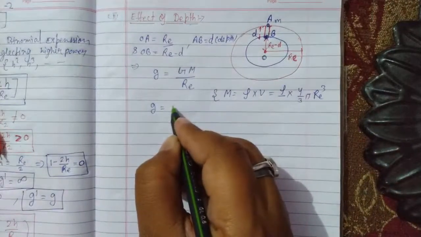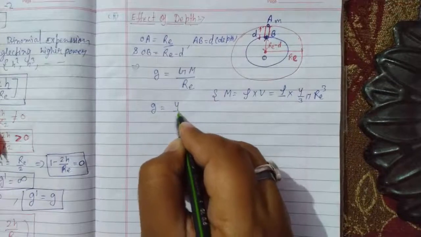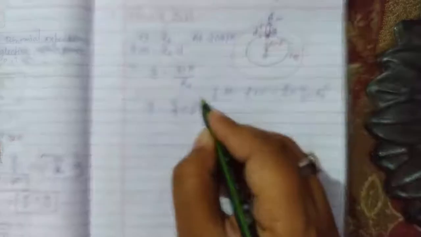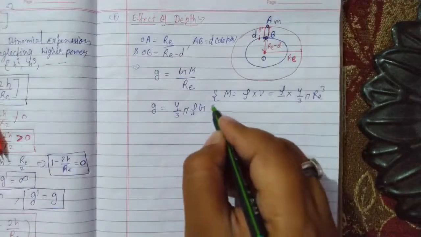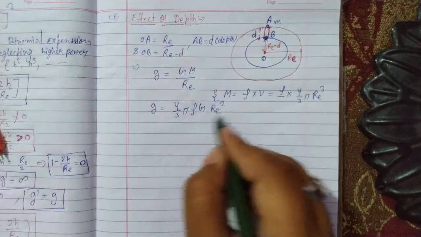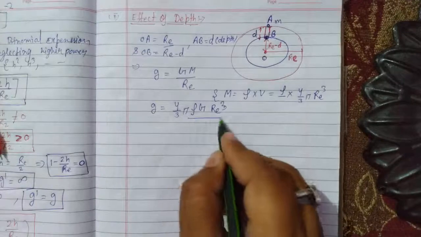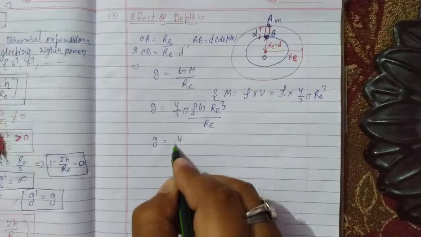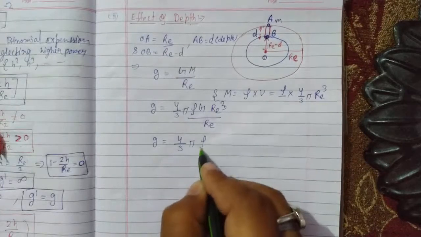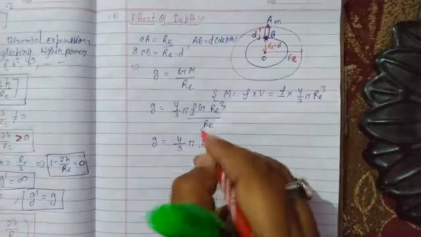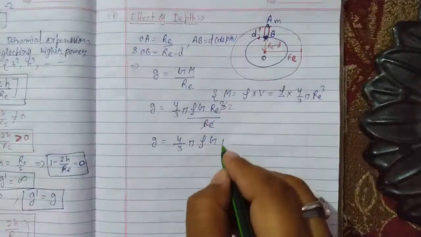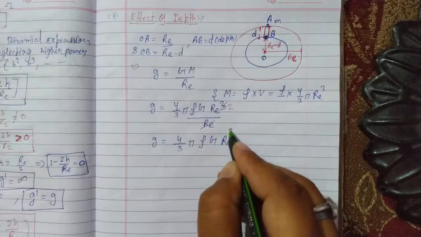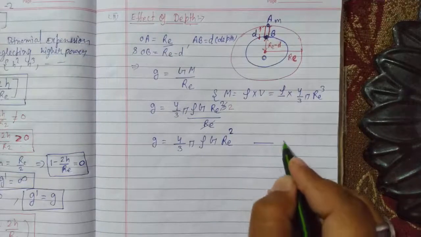We get g = 4/3 π ρ G Re³/Re². On solving this, we get g = 4/3 π ρ G Re, as Re squared cancels with the cube. This is equation first.